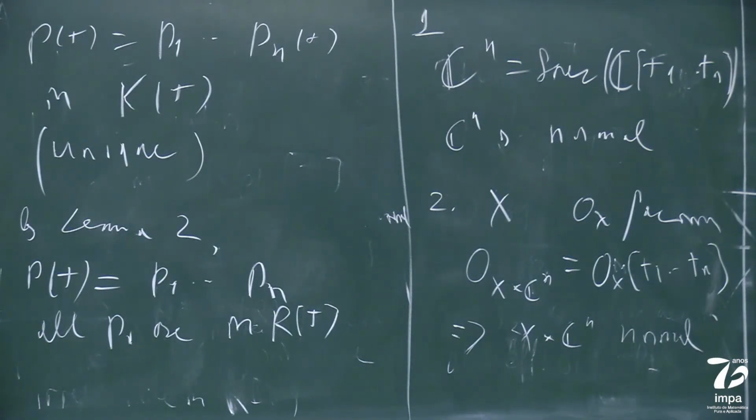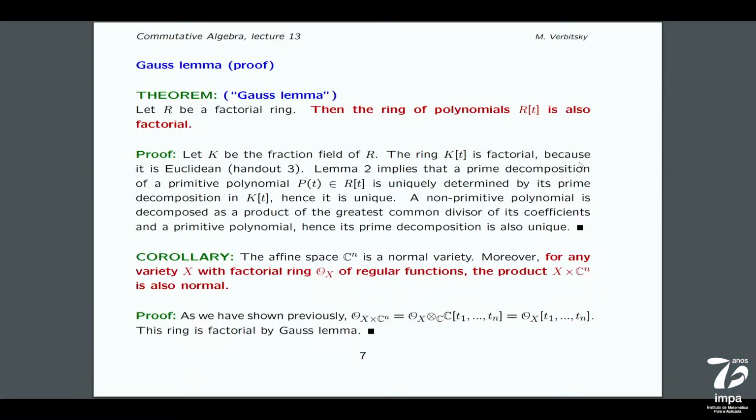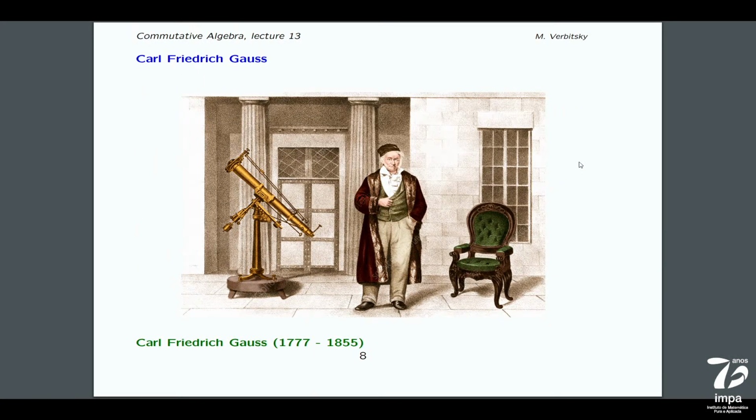I will show you a couple of pictures of Gauss, and then we'll have an interval. This is one picture of Gauss. I don't know the source of this picture, but I found it as a puzzle. Germans can go to the shop and buy it as a 1,000 pieces puzzle, and make a puzzle of Gauss.